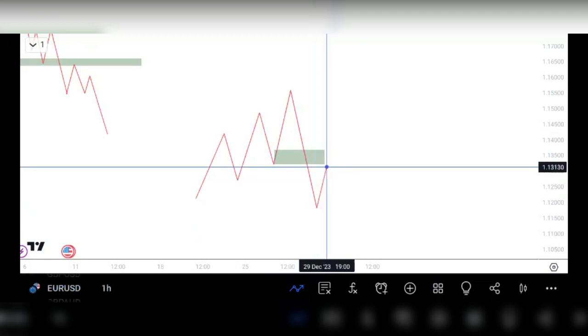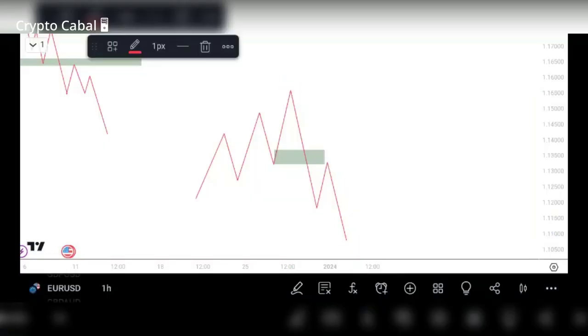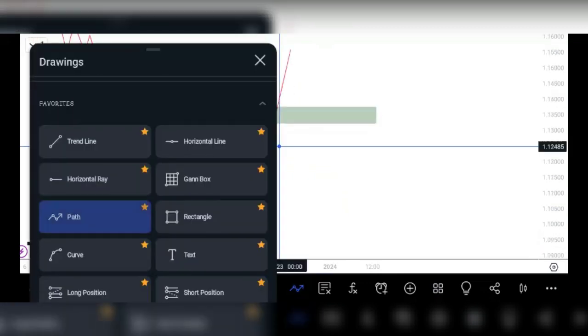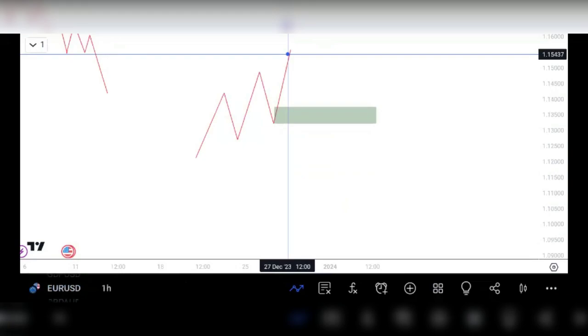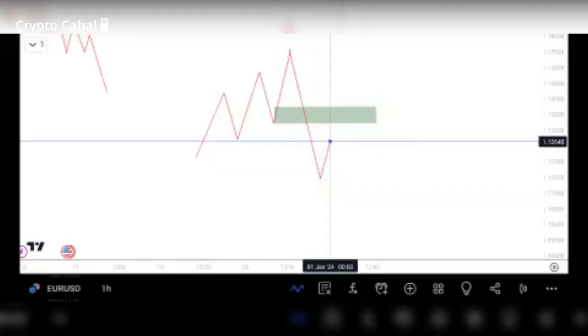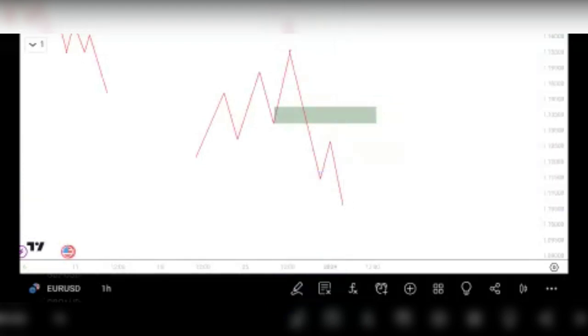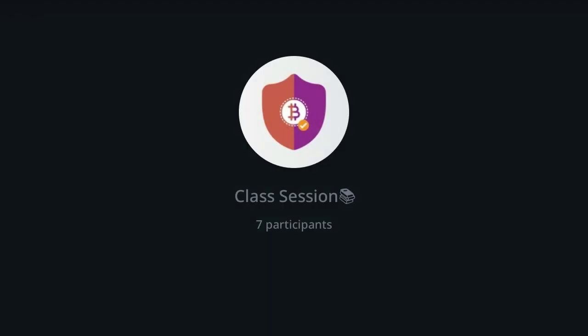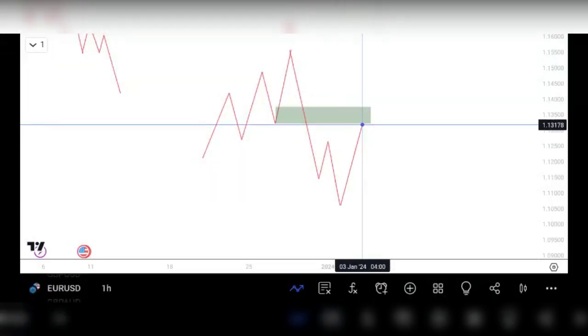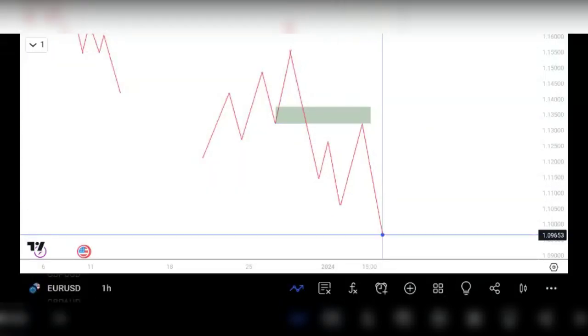We refer to it as a breaker block. So even before price comes back into that point, once price breaks through that order block, automatically that is a breaker block. Then price will come back into it, retest it, and drop to the downside.